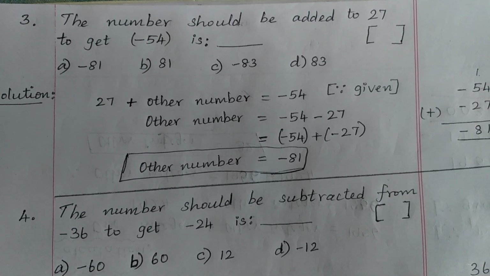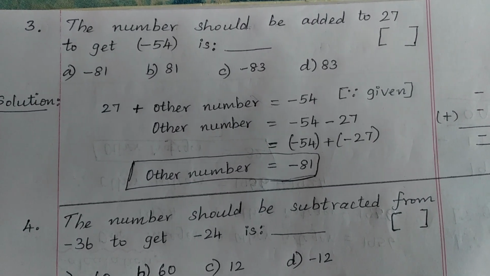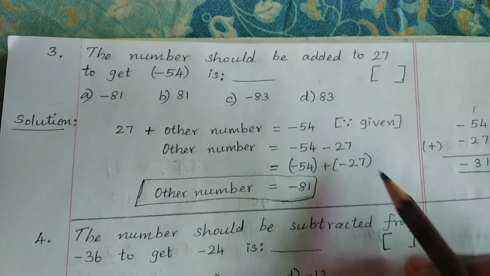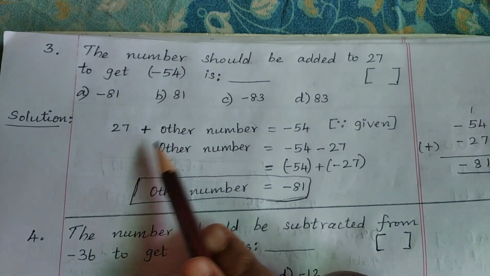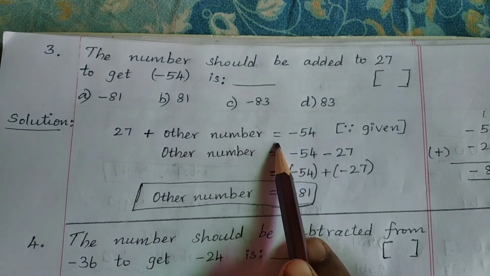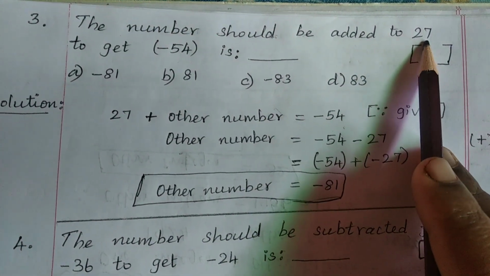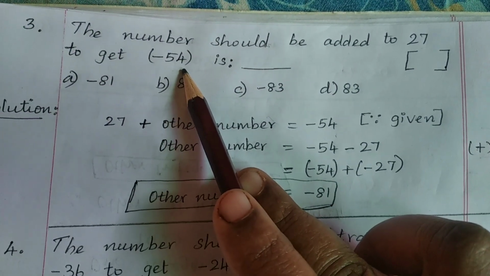Question number 3. The number that should be added to 27 to get minus 54 is dash. 4 options are given. The number should be added to 27 means 27 plus other number gives you minus 54. To 27 add some other number to get minus 54.